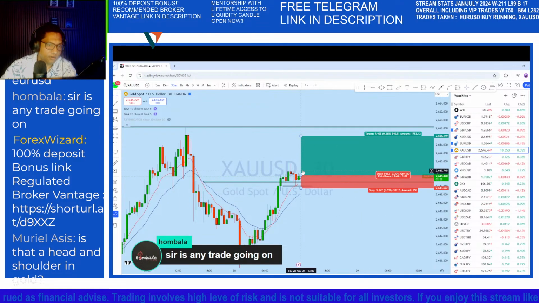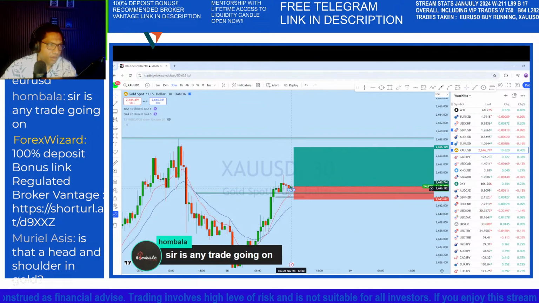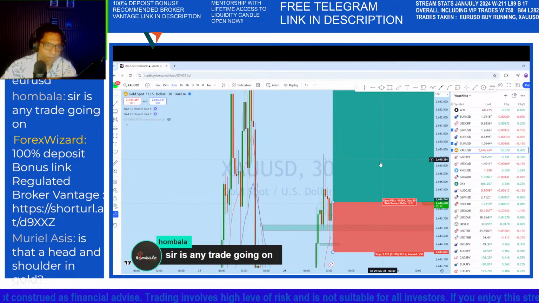A couple of liquidity candle formations here can give XAUUSD a bounce back up.